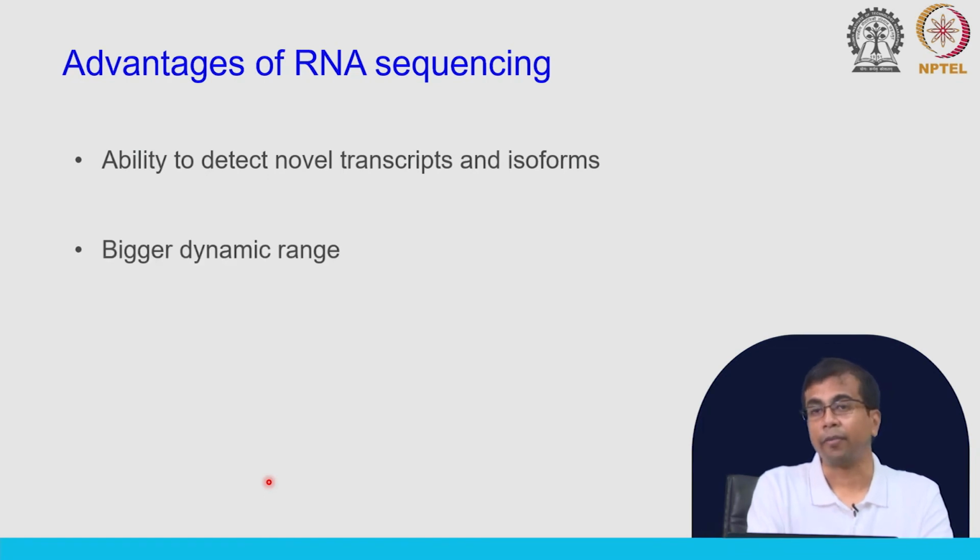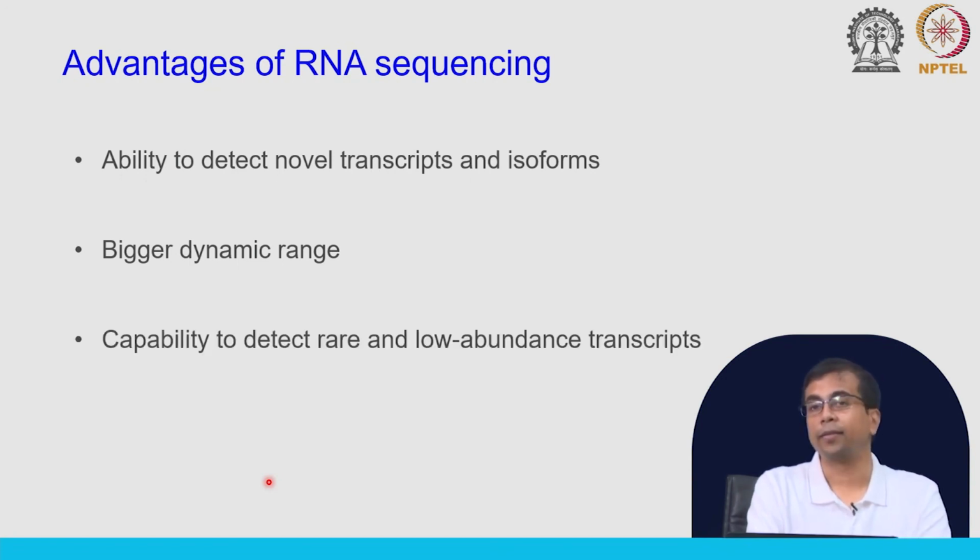The second is a very big dynamic range compared to microarray, because we are not limited by the number of oligos available for hybridization. If you have 10,000 copies, the sequence data will be proportional to that. This gives us flexibility from very low expression to very high expression, and this means we can detect rare and low abundance transcripts quite easily.